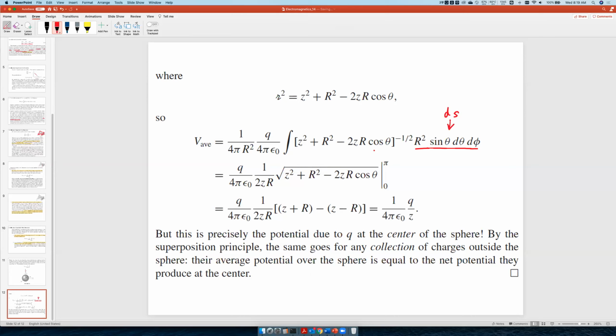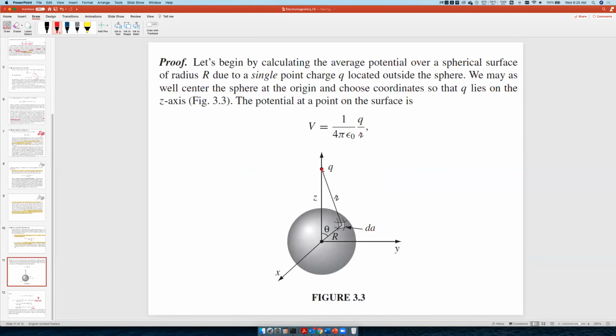And then by doing some integrals, you can easily calculate that the average potential on this sphere is 1 over 4 pi epsilon 0 times q over z, which means this value equals the potential here.